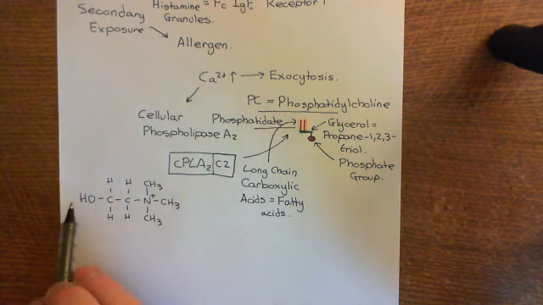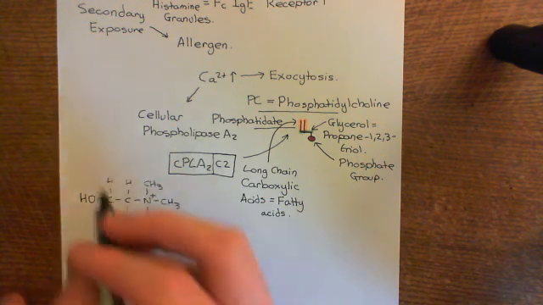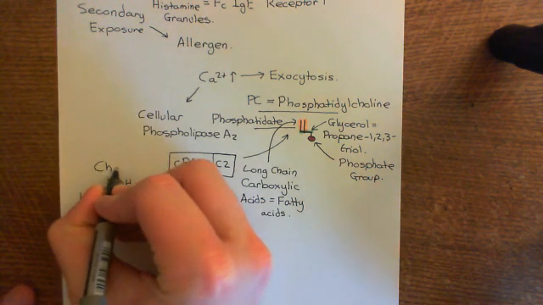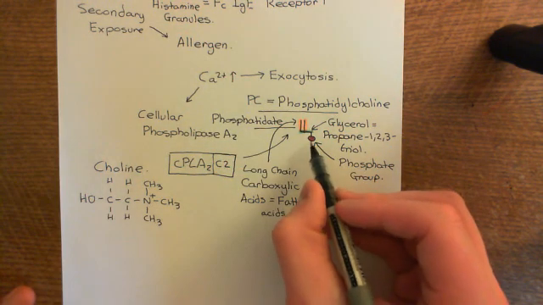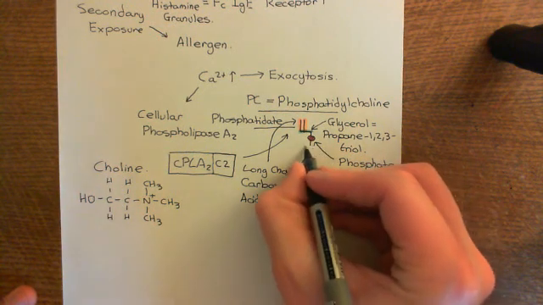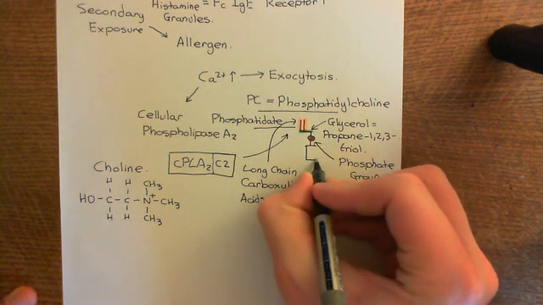Now you are going to esterify this choline molecule, so let me just write choline. You're going to esterify this choline molecule onto this phosphate group here to form a phosphate ester link or a phosphoester link. They both mean the same thing.